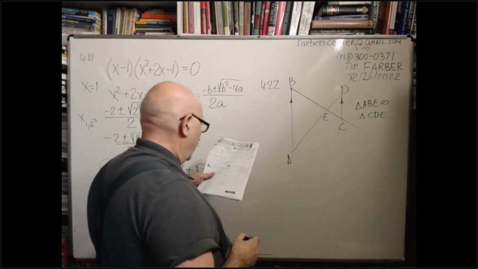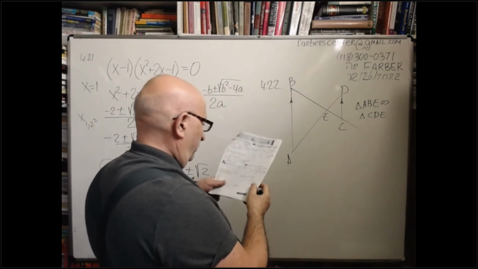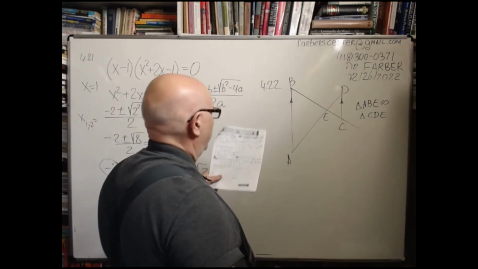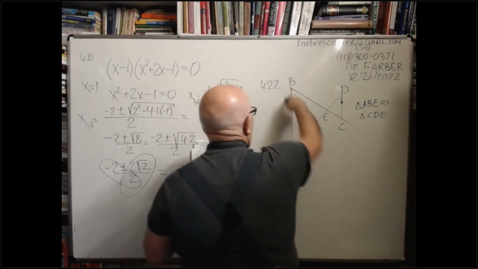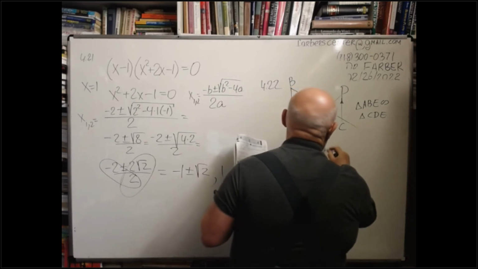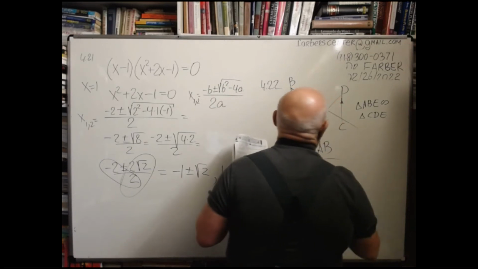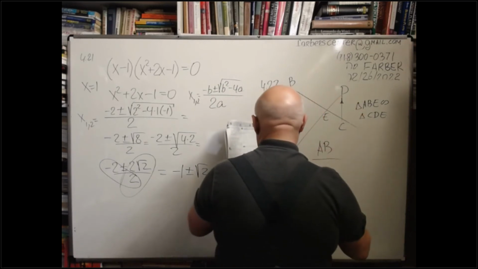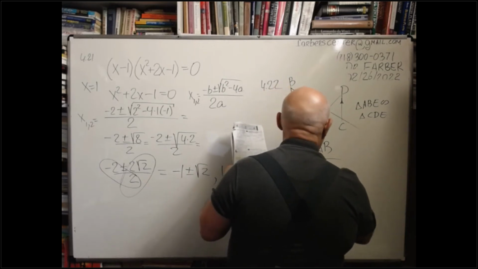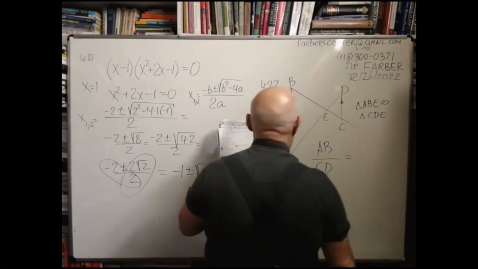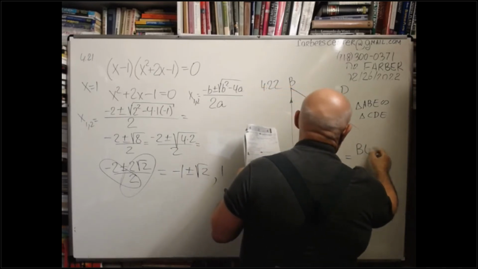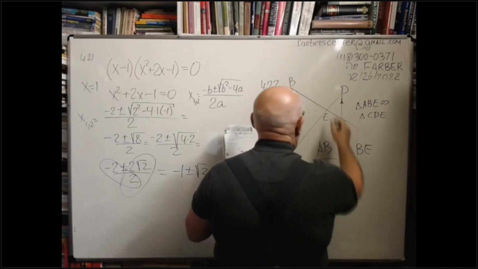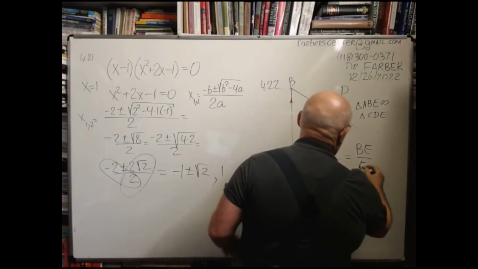And now look at multiple choice, what we have here, to save your time. So this parallel side AB of the small triangle to CD, like this side BE to the corresponding side EC. It's it, piece of cake.